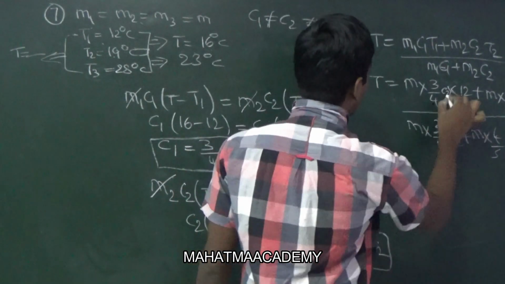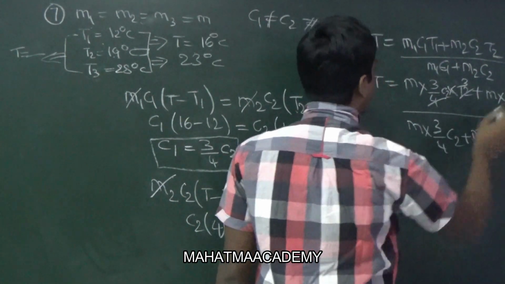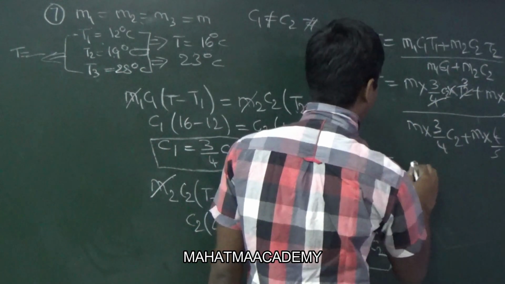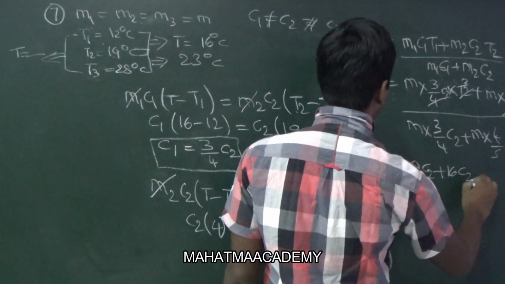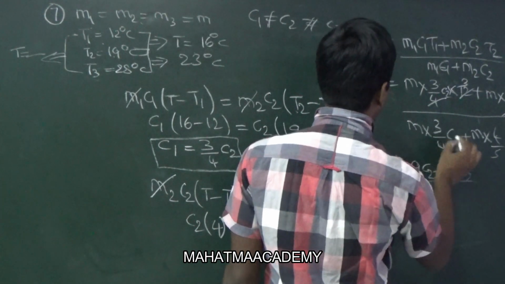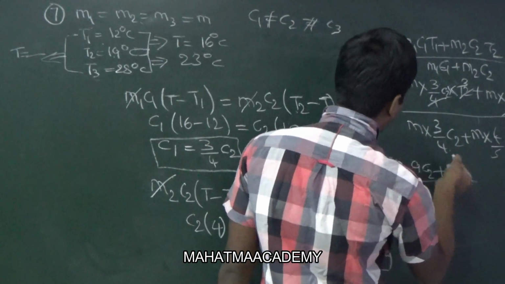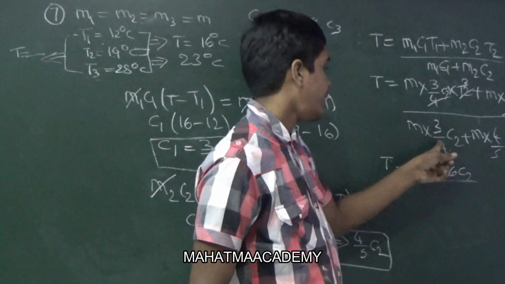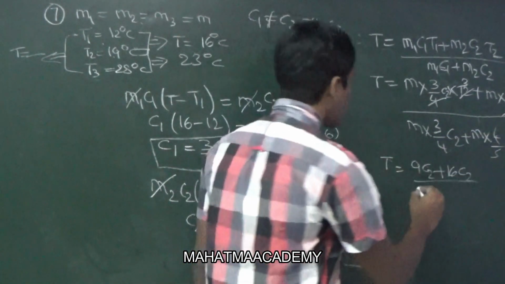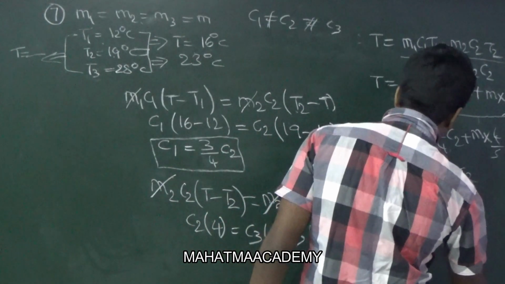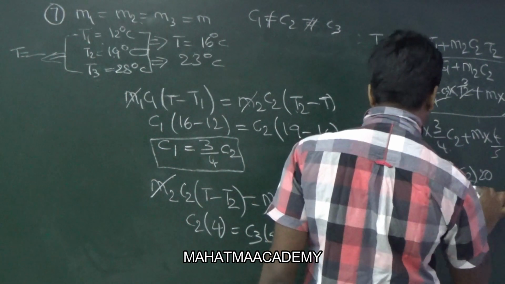That includes 3's, and it includes approximately 4 we can take. So 3 3's are 9, 9 C2 plus 16 C2 upon 3 by 4. Now we want to multiply. It is 3 into 5, 15 plus 16, and 20 will go upwards into C2.